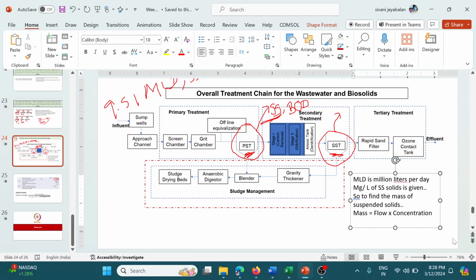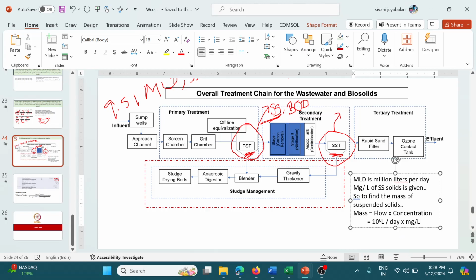Flow is given in million liters per day, equal to 10 to the power 6 liters per day, into mg per liter.